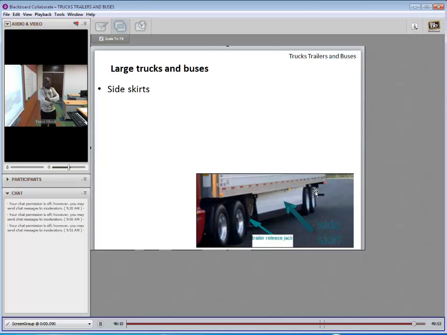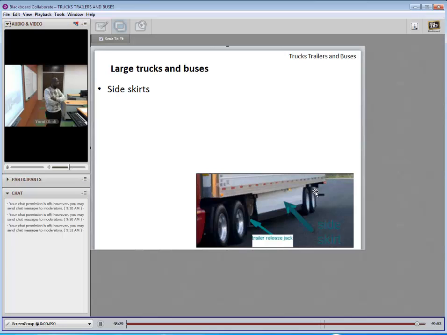There's also weight from the incorporation of the side skirt, so it becomes a judgment call depending on the load that's being carried. Should we add the side skirt, or should we just leave it because of the weight? It depends. If the vehicle operates at high speed, which is typically the case with trucks on the highway, the side skirt will be beneficial.